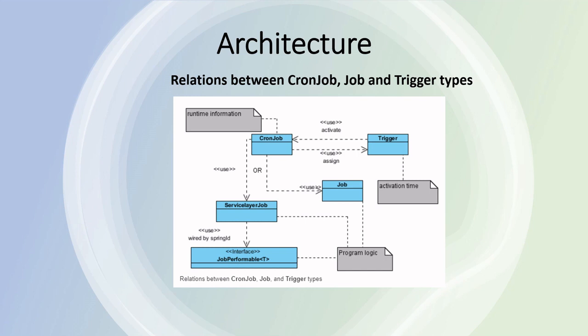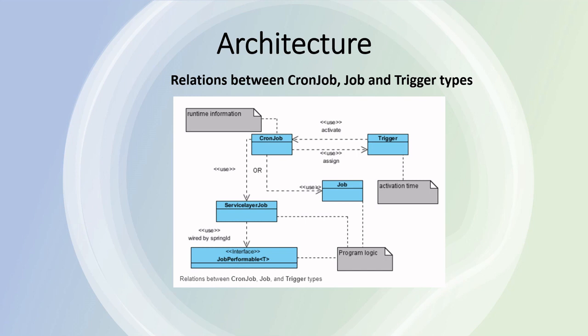Whatever business logic we have to write, we write in here, and then the configuration is passed by the execution-related instance of the cron job.